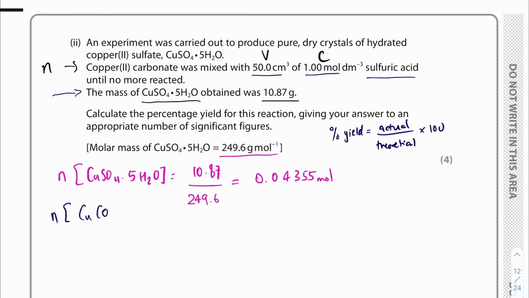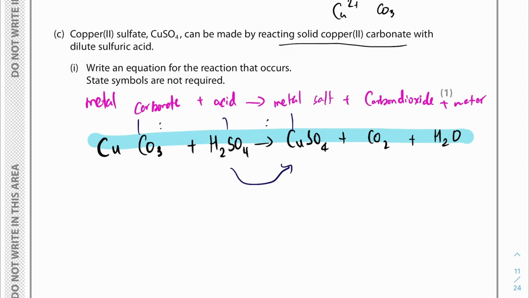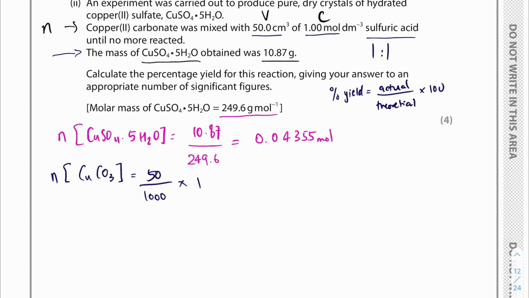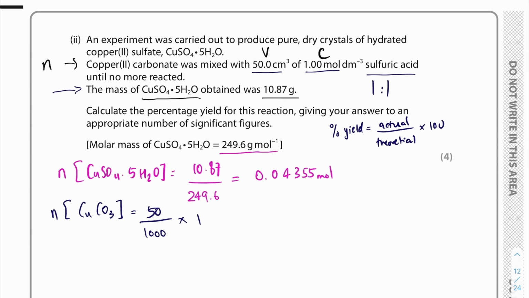It should be 50 over 1000 times 1, because this is sulfuric acid. It's a 1:1 ratio as well. We need one of these to react with one of these to produce the outcome. So 1:1 ratio here. So that means 0.05 moles is what we end up with, right?